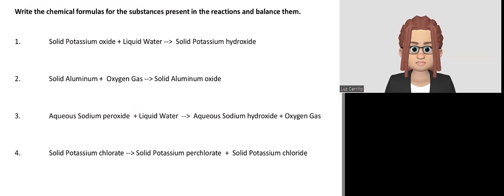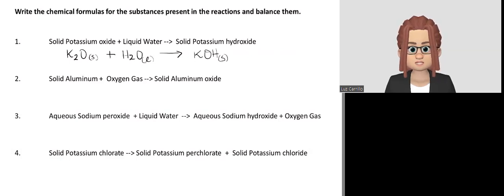So if it's potassium oxide, this is K2O in solid form, plus liquid water, H2O, liquid, is going to form solid potassium hydroxide. Potassium hydroxide is KOH. And this is the basic chemical reaction.